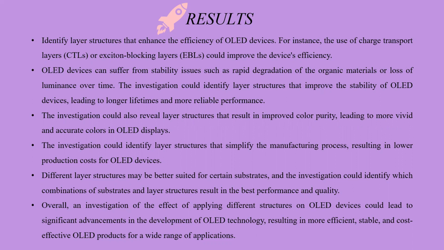And we have certain substrates, which identify the combination of substrate and layer structures and result in betterment of performance, with a wide range and unique properties, and development in OLED technologies, and more efficient, stable, and cost-effective OLED products for a wide range.